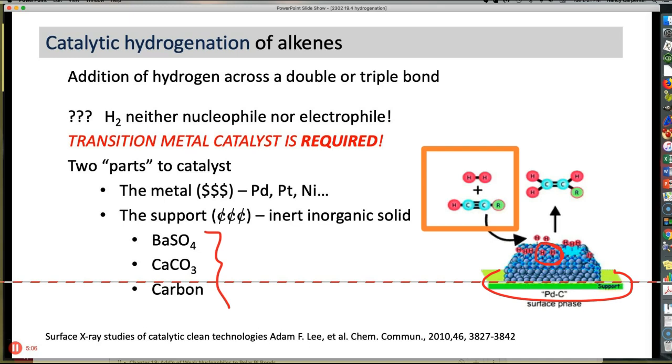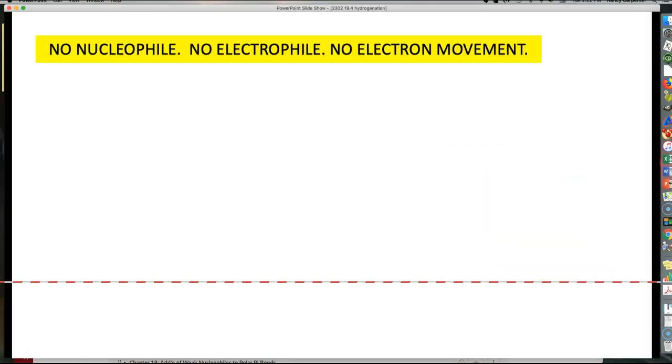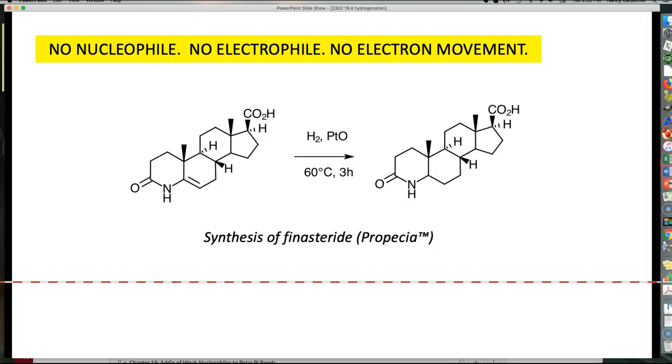And basically they interact so that the hydrogen is delivered from the same side of the alkene or the alkyne, and the reduction takes place. So it's kind of magic because it's no electrophile, no nucleophile, and we don't show electron movement. You just get reduction of your alkene.